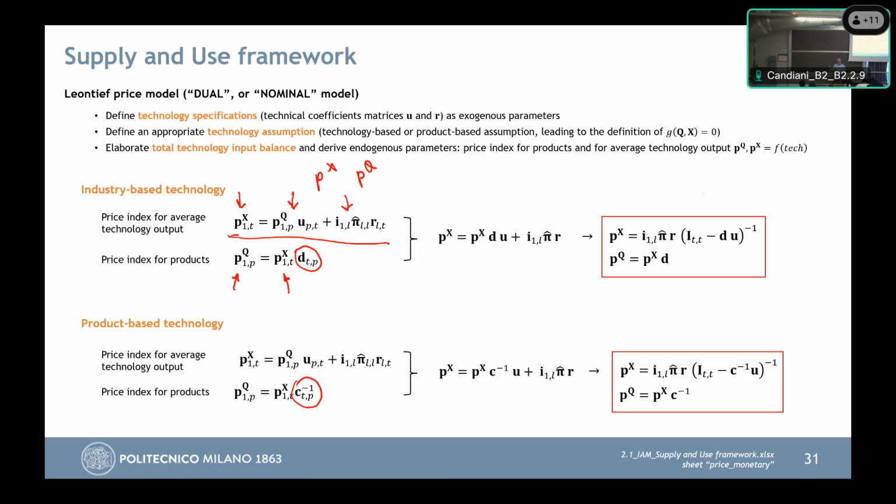I'm not asking you this in the final examination, but this may be important because in the end, in reality, we don't have just products. We have the average output of industries, and we can get some synthetic indicators about how the prices of one particular sector's output are going to change depending on the shocks. So useful information could also be derived from the application of these two models.